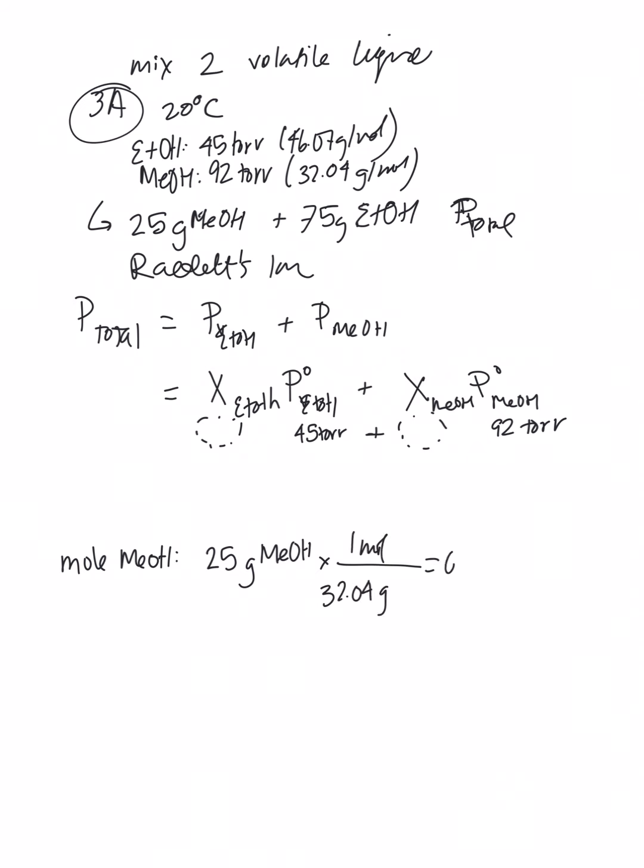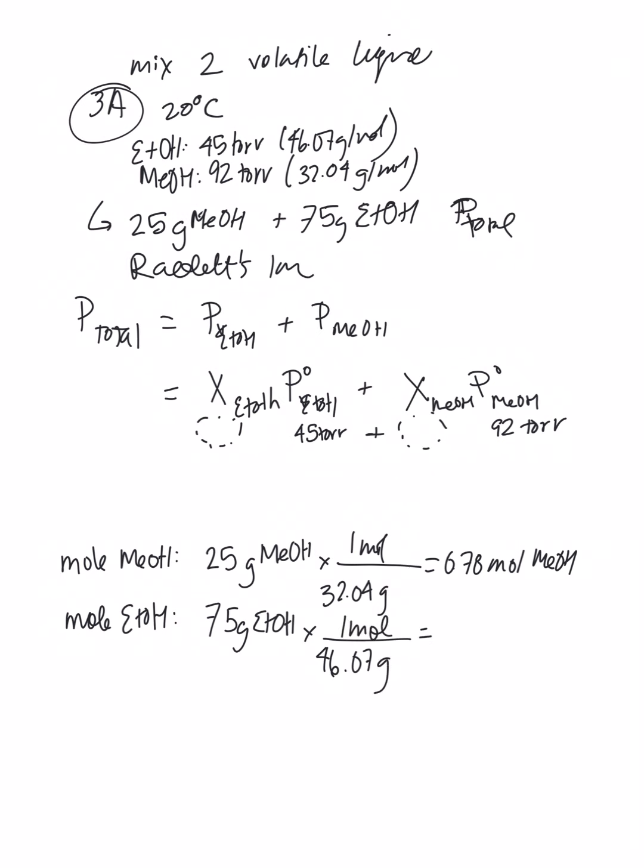That gives us 0.78 moles of methanol. For our moles of ethanol, we have 75 grams, we divide by our molar mass, and that gives us 1.63 moles of ethanol.